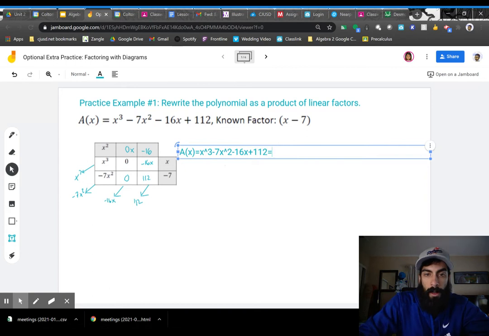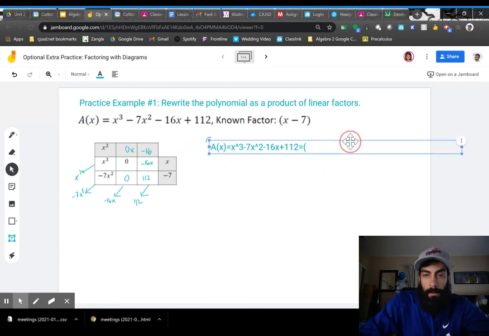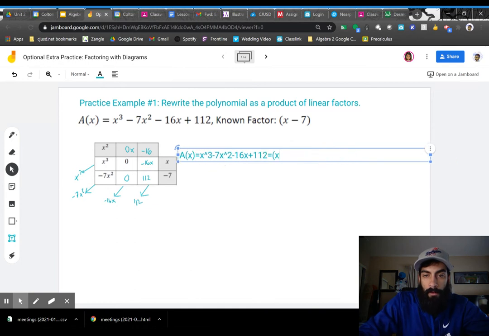And so far, our product of factors is the known factor, x minus 7, times the factor we just found, x squared, 0x. Again, you don't have to write that, but it might help us right now. And then minus 16.